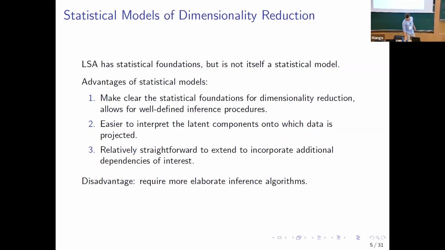I don't know how much of a purist all of you are, but I like to think about these dimensionality reduction techniques as standing in for a statistical model that I could estimate in principle.